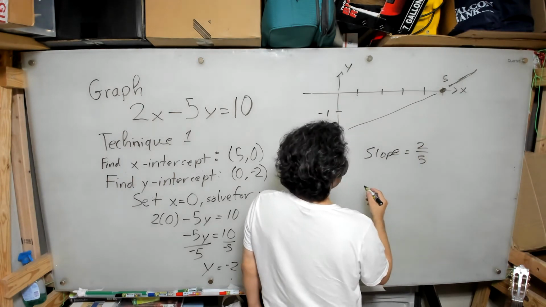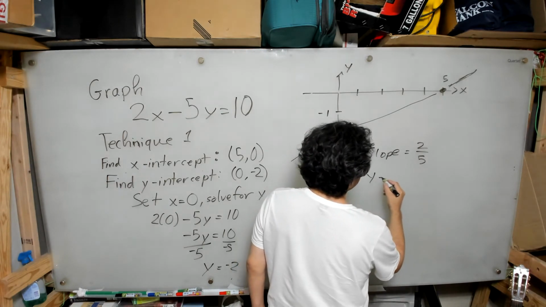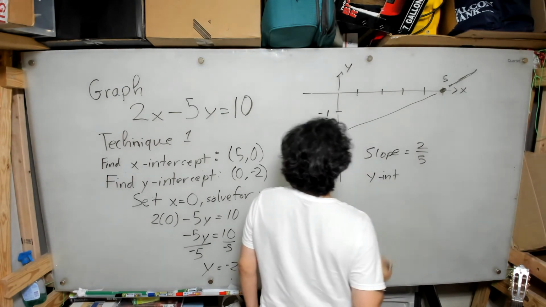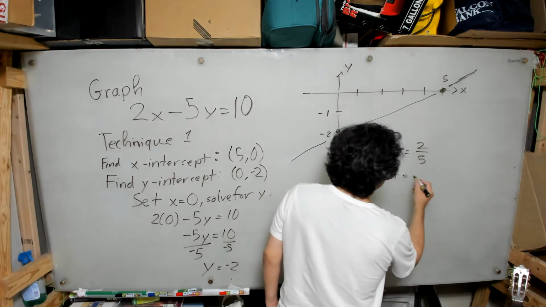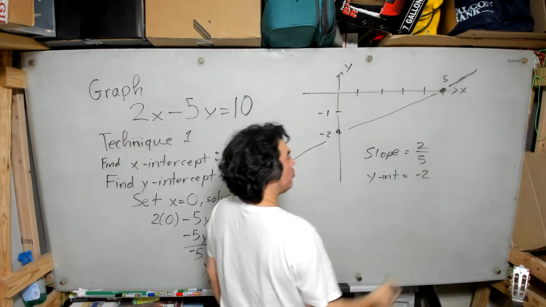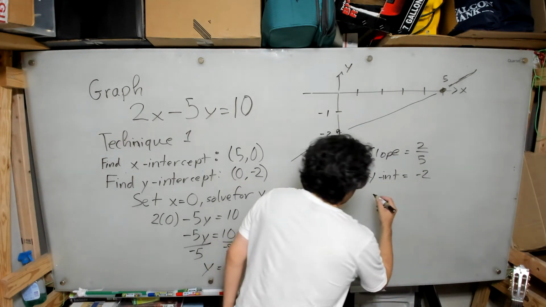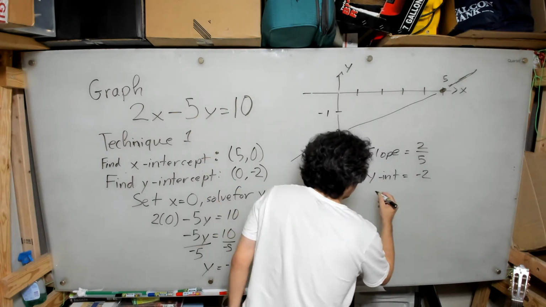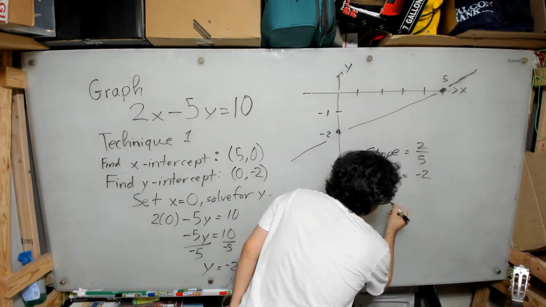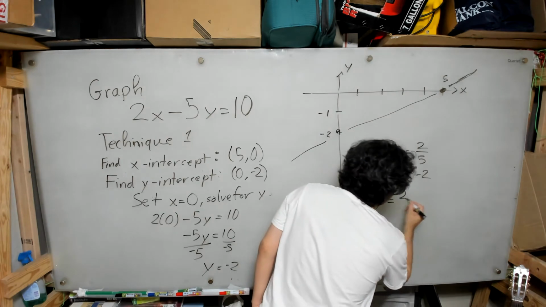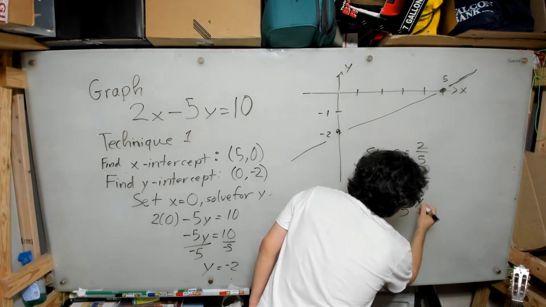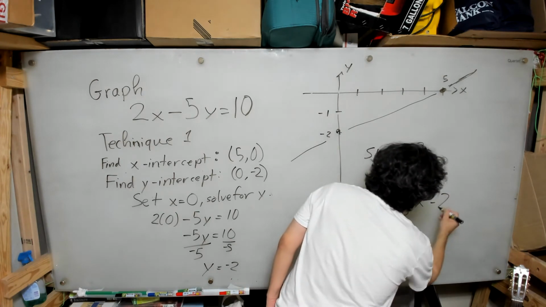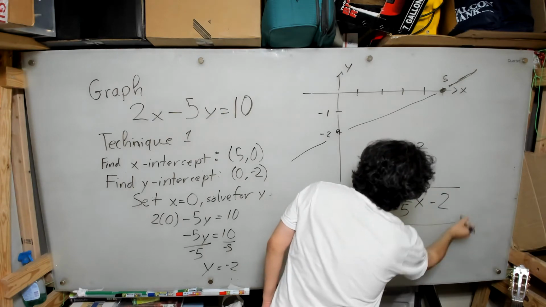I can see that the y-intercept is -2. So without solving this equation for y, I could just say y equals 2/5 x minus 2 as my slope-intercept form.